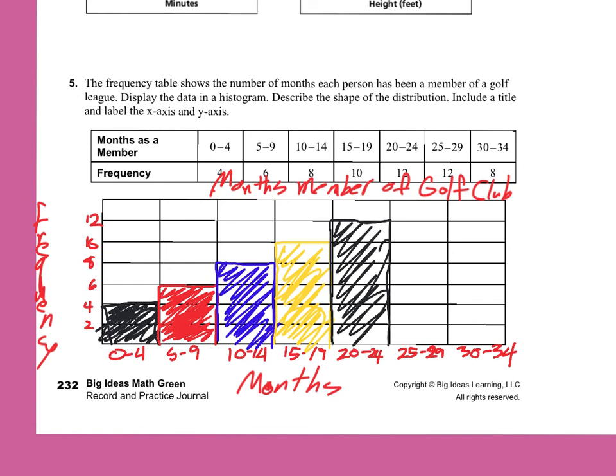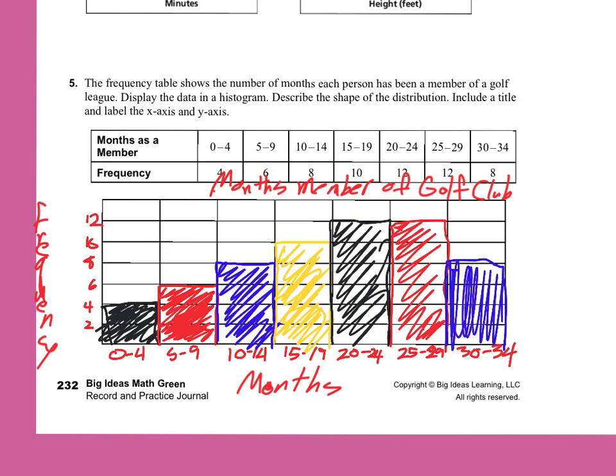And then we've got the 25 to 29, which is also 12. And then we've got the 30 to 34, which is 8. So we'll go right to there. All right. So we did that.